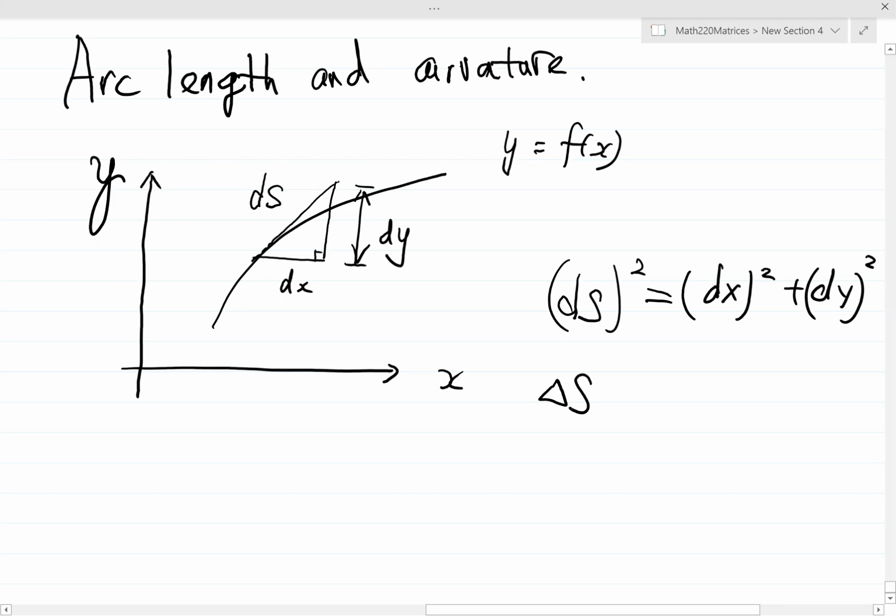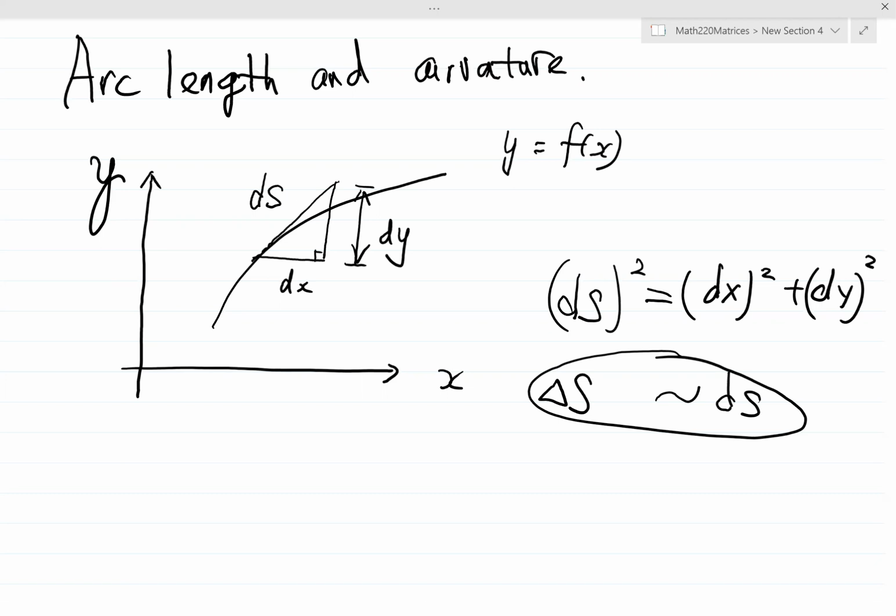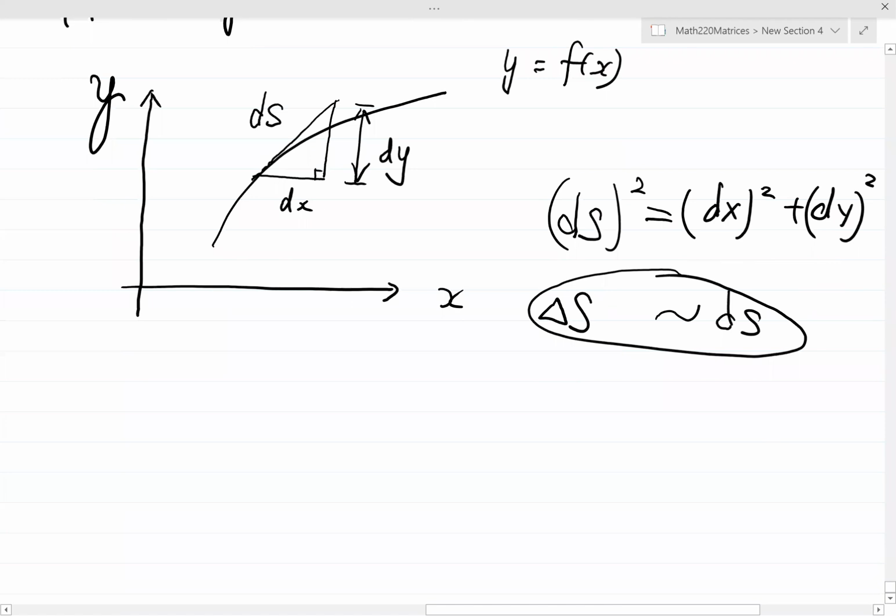They differ by a higher order quantity, which vanishes if we take the limit. So we can use ds as the main part of this arc length. The higher order just vanishes when we take the limit.